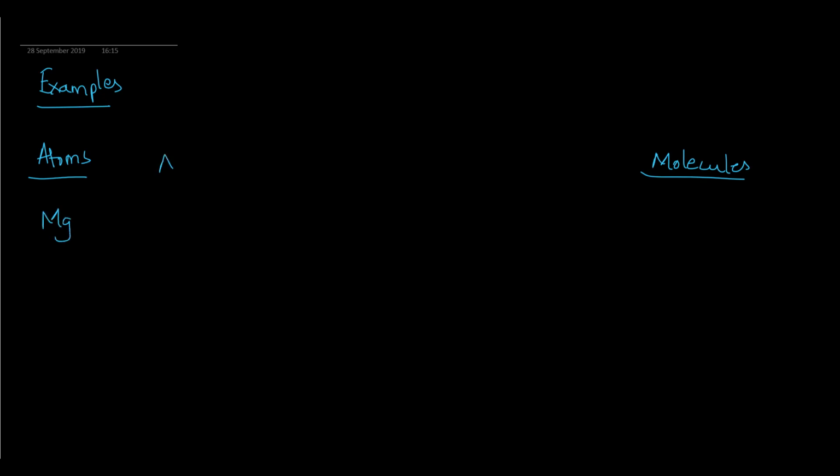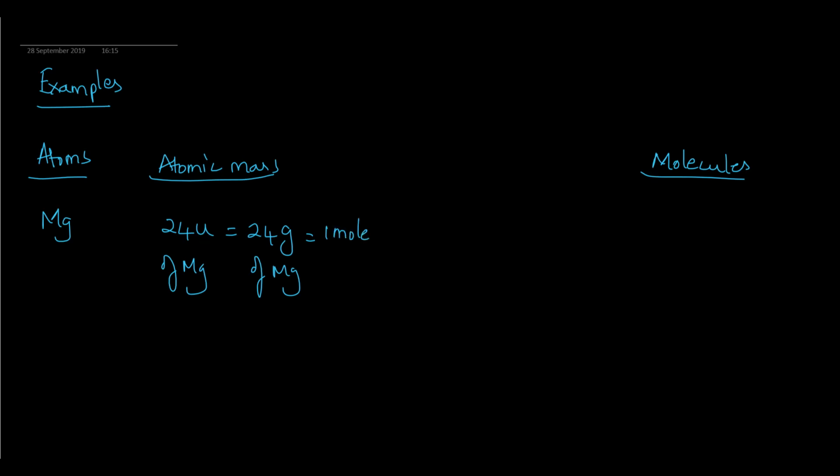What is the atomic mass of magnesium? 24U, which will be equal to 24 grams of magnesium, which in turn will be equal to 1 mole atoms of magnesium, which will again be equal to 6.022 into 10 to the power of 23 atoms of magnesium.